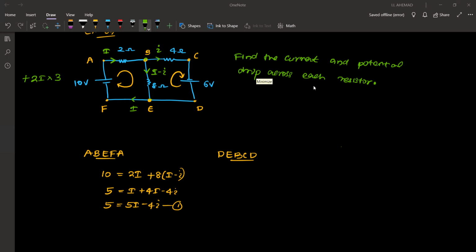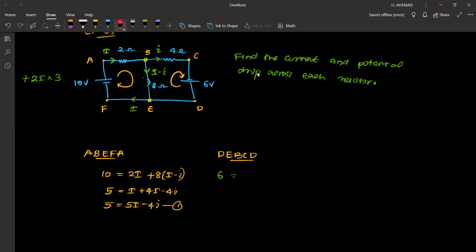Shahama? Okay, for the next loop, total EMF is 6. You don't have any drop over here. Here you have a drop. But what can you tell about the direction of current? Direction of current is in the opposite direction. You are traveling in this direction, but current is in the opposite direction.